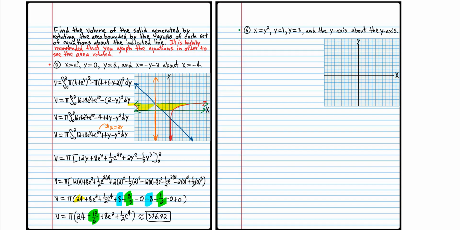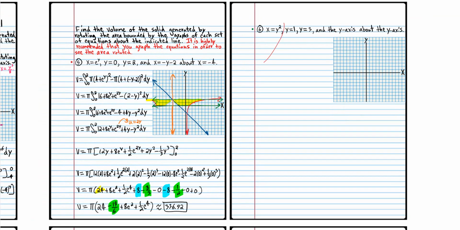So going to attempt number 6. Number 6 is going to be the disk method. And because you're rotating about the y-axis, a vertical line, you're going to write a dy integral. So attempt number 6, and again, your limits of integration are going to be y values.